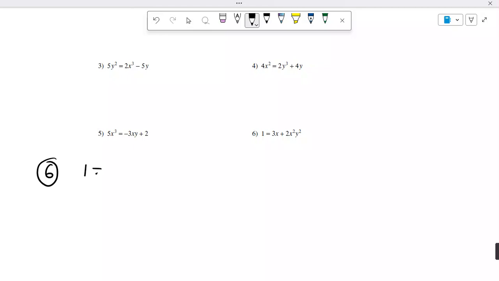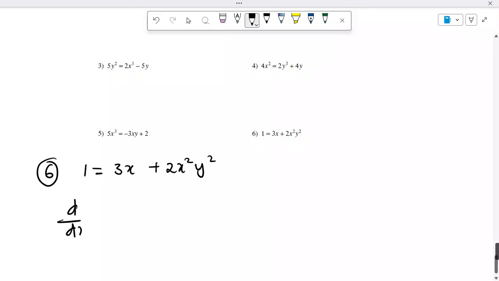Okay, so you have 1 equal to 3x plus 2x squared y squared. First of all, we'll differentiate each term with respect to x.